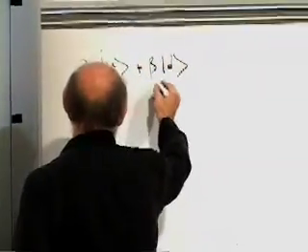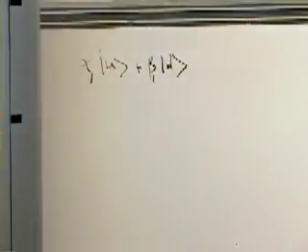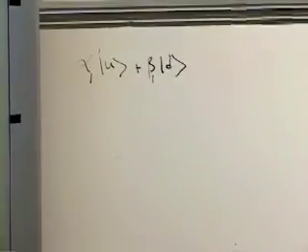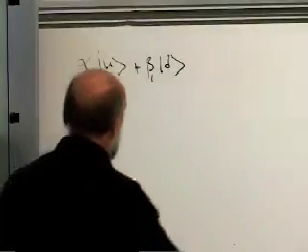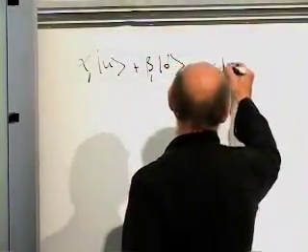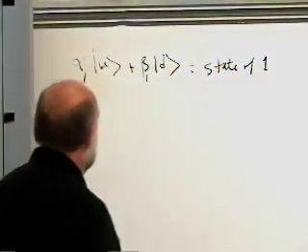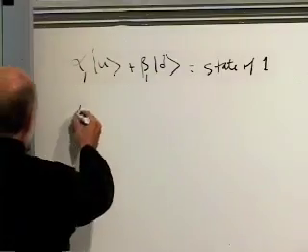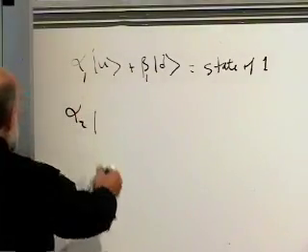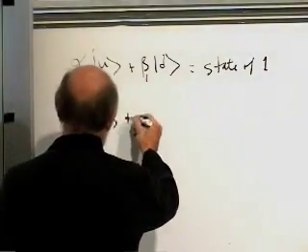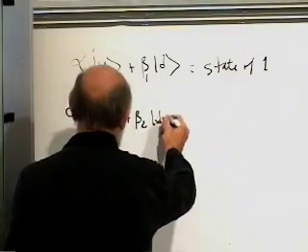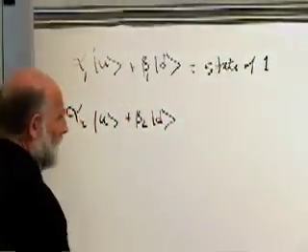And let me put a 1 here to indicate that this is electron 1. That's the state of electron 1. And now what about electron 2? Electron 2, I'm going to write alpha 2 times up plus beta 2 times down. That's the state of 2.